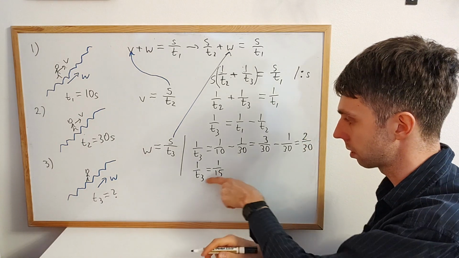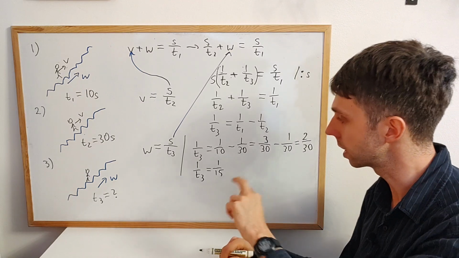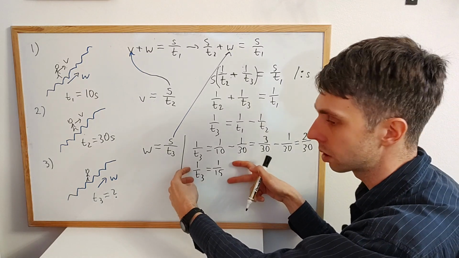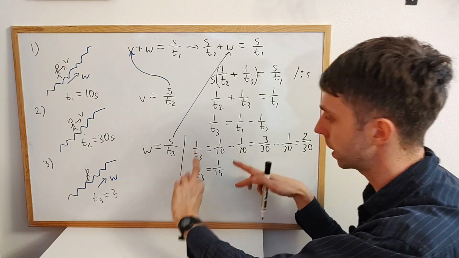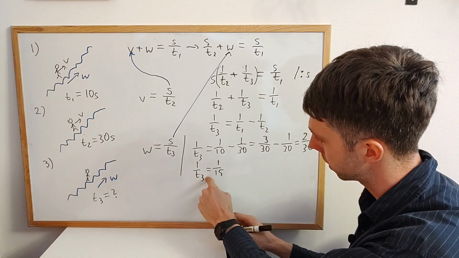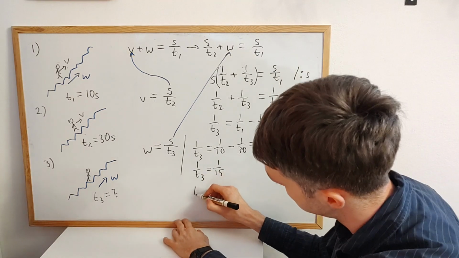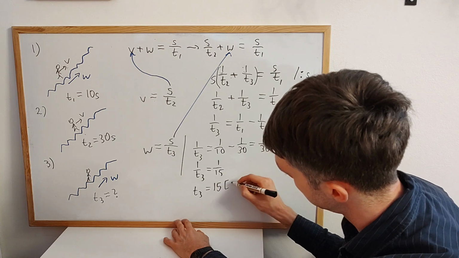But that's not the solution, it's 1 over t3, and what you want is t3. So you just flip it upside down, because 1 over t3 is 1 over 15, so t3 is just 15 seconds.